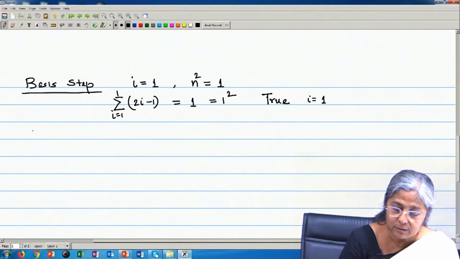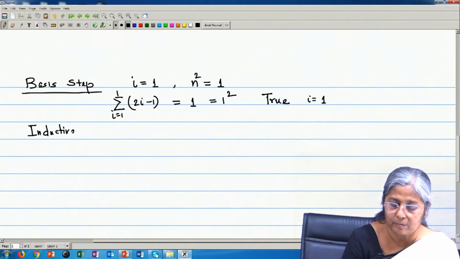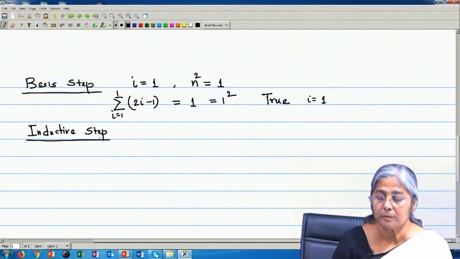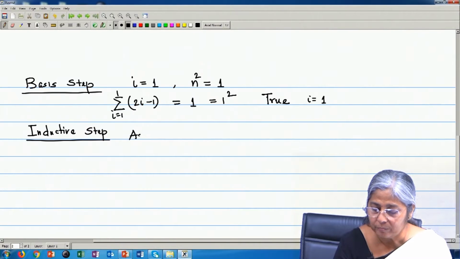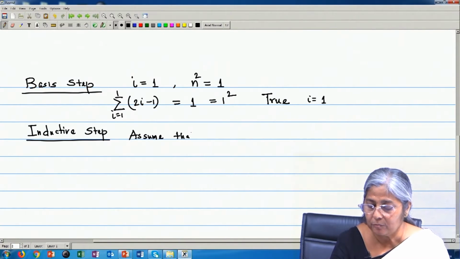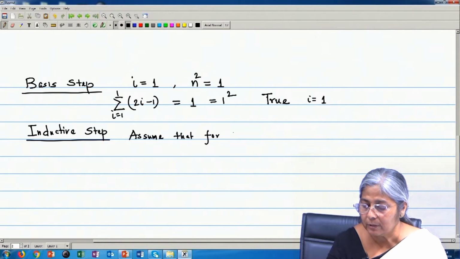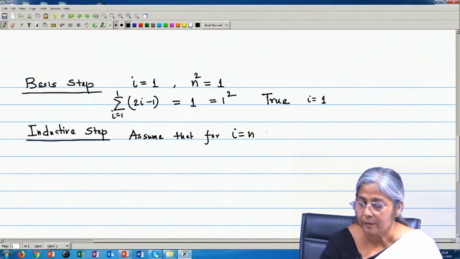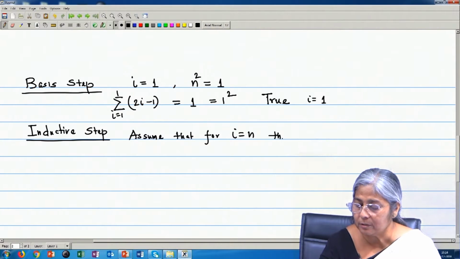Now, we see the inductive step. We assume that for n, the proposition is true.